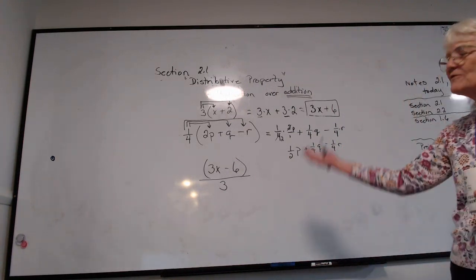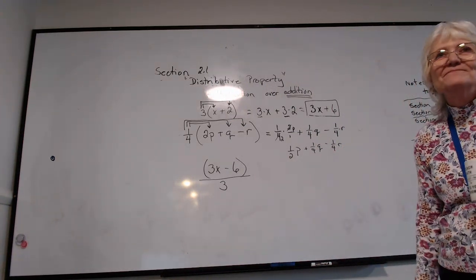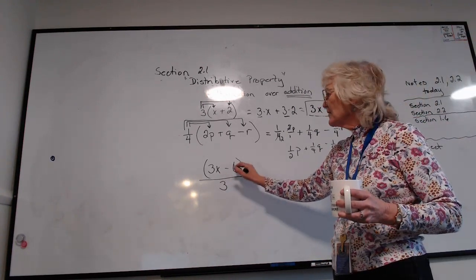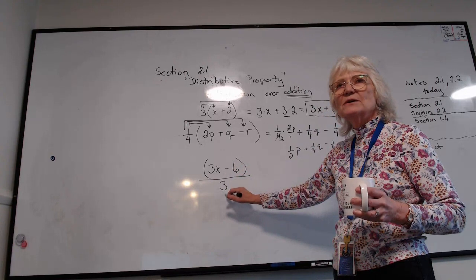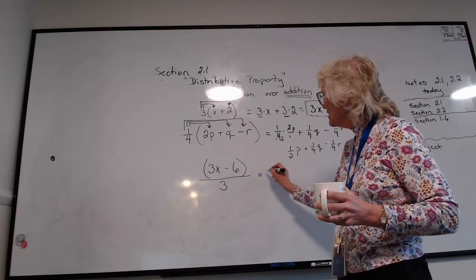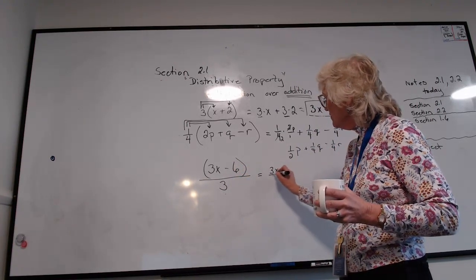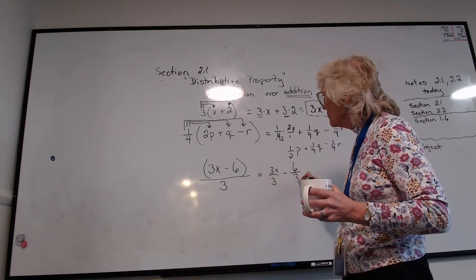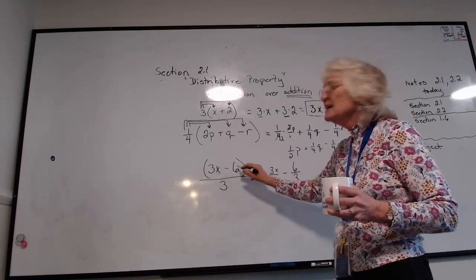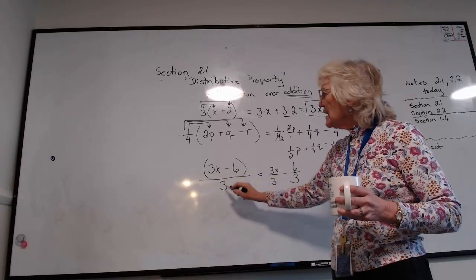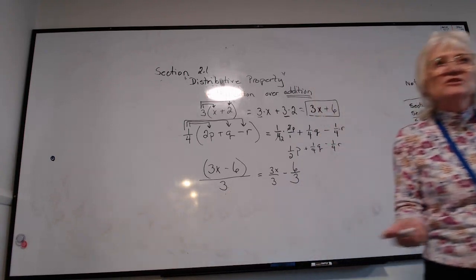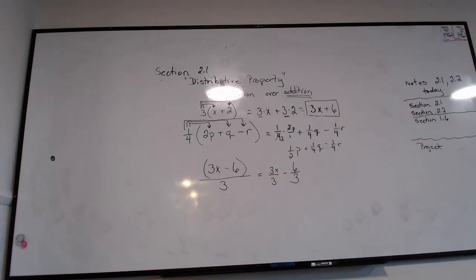This is another way of writing distributive property. This really is 3x divided by 3 and negative 6 divided by 3. This can be rewritten as 3x over 3 minus 6 over 3 because we can't do anything here. But we can distribute that division because it's very similar to multiplication. It's really the same as multiplication.